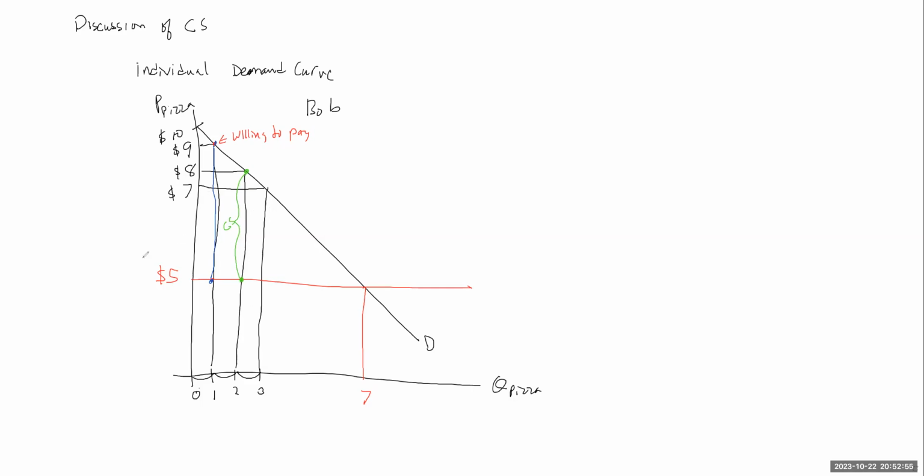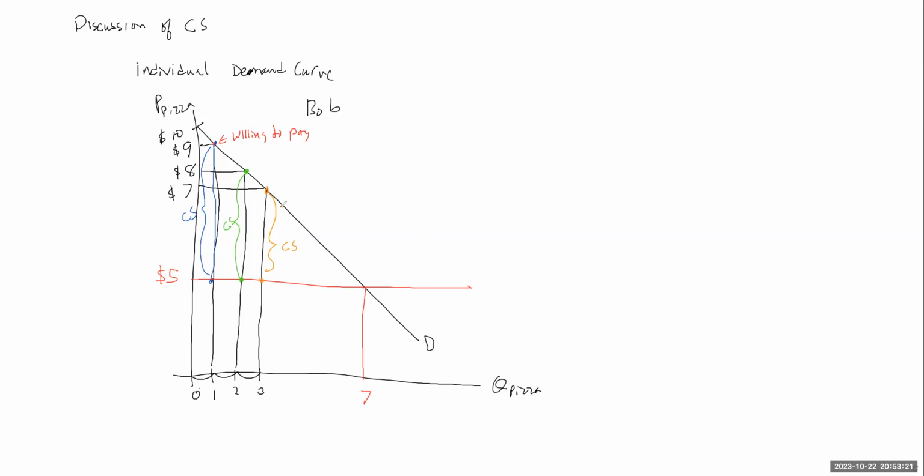What about his third slice? He's willing to pay 7 and paid 5, so this vertical distance of 7 minus 5, or 2, is his consumer surplus for his third slice of pizza.